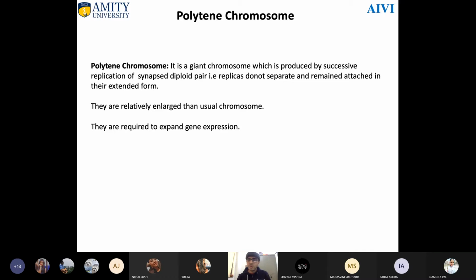The giant chromosome is produced by successive replication, but the chromatids do not separate. All the chromatids are attached at the centromere. So the diploid pair replicates but does not separate, remaining attached in their extended form, and they are relatively large. Since multiple chromatids are there and not separating, that's why you can see them. They also require multiple strands when you need expanded gene expression. The more strands there are, the more they can transcribe, so more RNA you can produce.